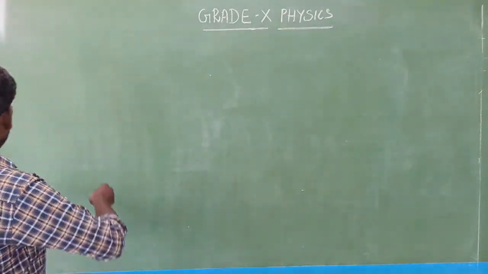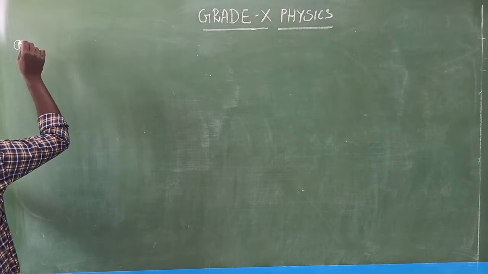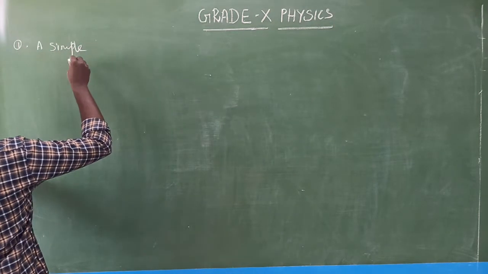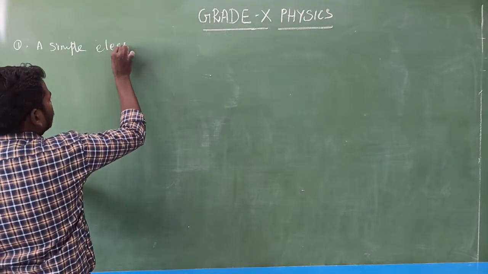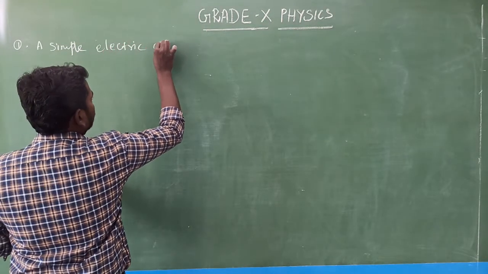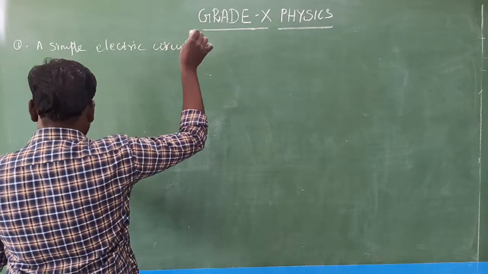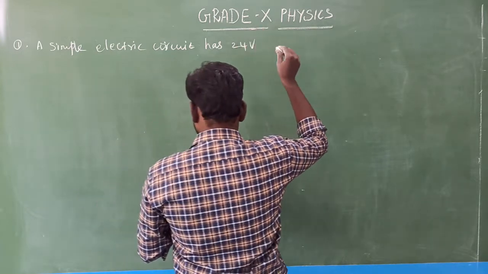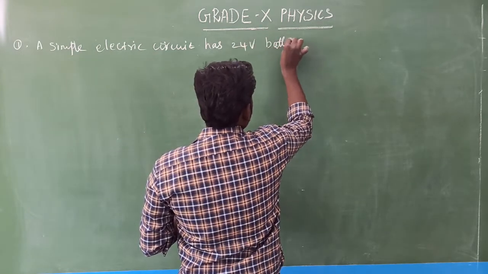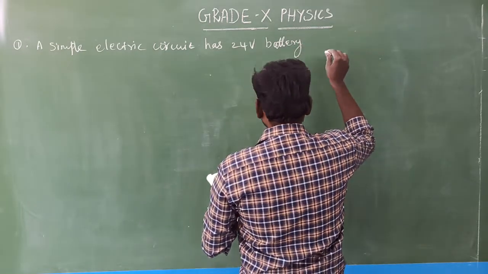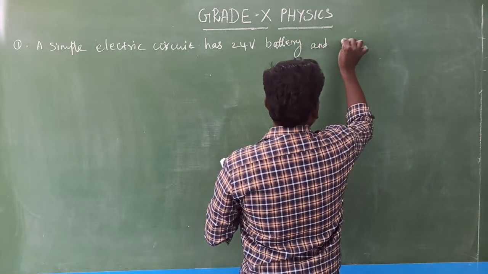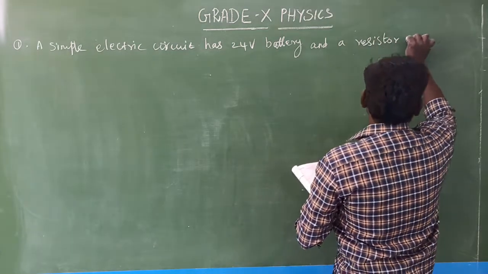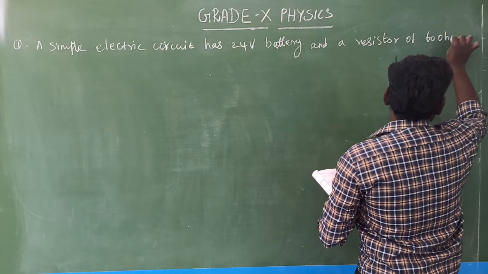Numerical, first one. A simple electric circuit has a 24-volt battery and a resistor of 60 ohms.